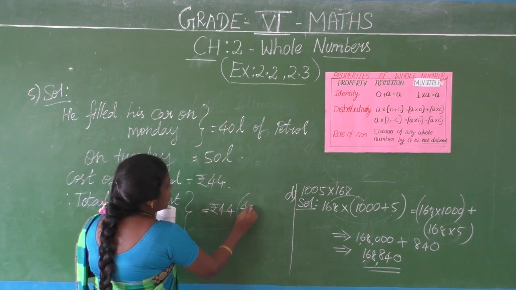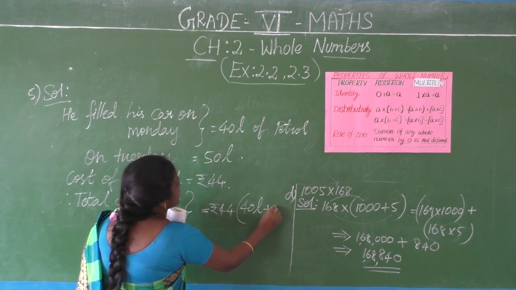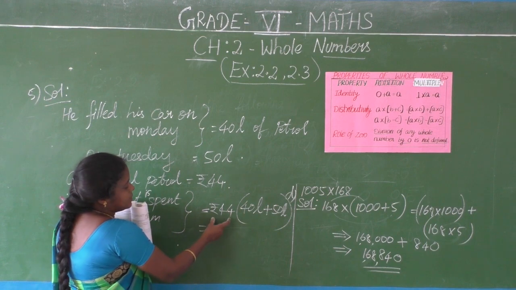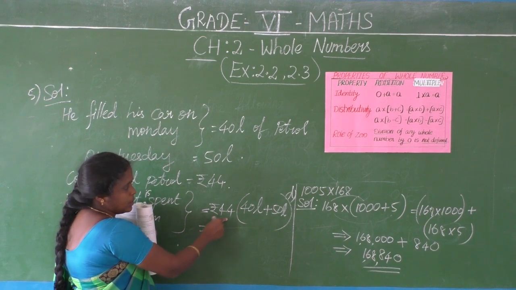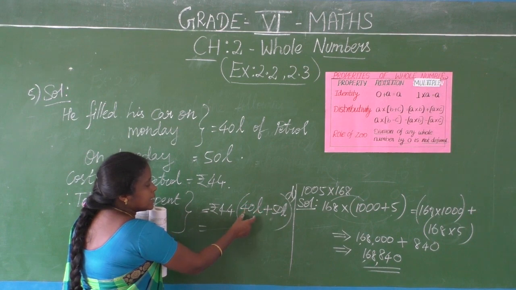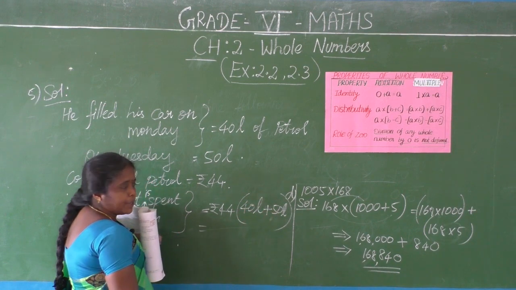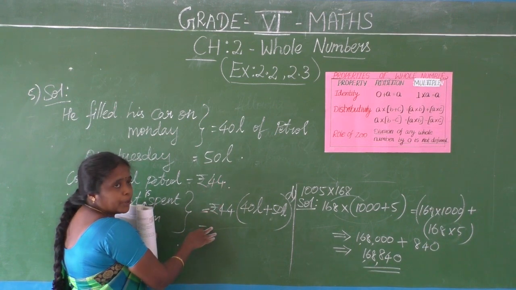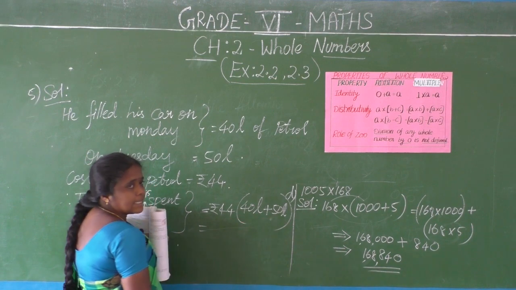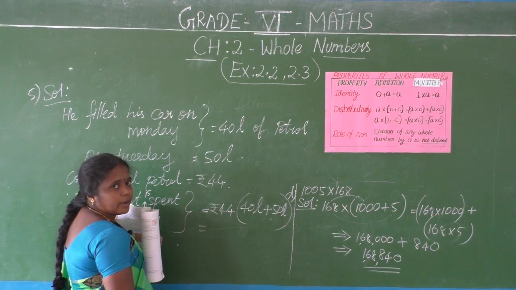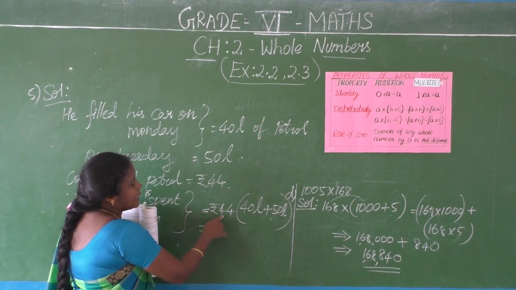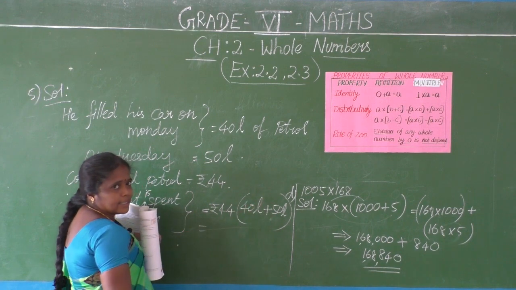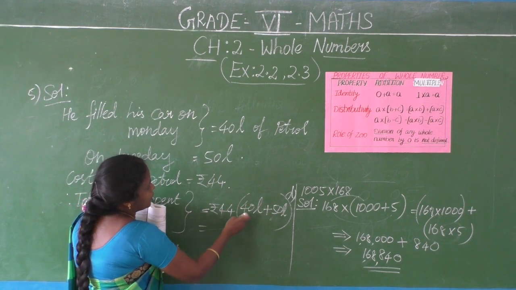Monday 40 liters, no? Plus Tuesday 50 liters. Clear? See, this is the cost of 1 liter petrol. These are liters on Monday, liters on Tuesday, both to be added. So in this portion, you can think about distributivity. Yes or no? A into B plus C. Distributive property is suitable here, so using that we can solve. A into B plus C is equal to A into B plus A into C. Clear? Otherwise you can add first.